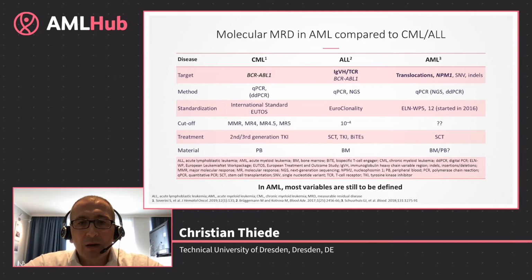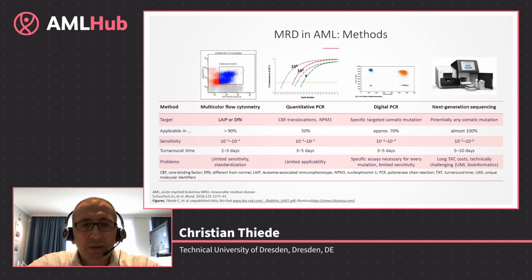So far, we had only stem cell transplantation as the treatment option, but I think this is moving forward fast with all the new drugs coming into place, and we still have the discussion about the preferred material. So in AML, most of these variables are still undefined. What methods do we have?